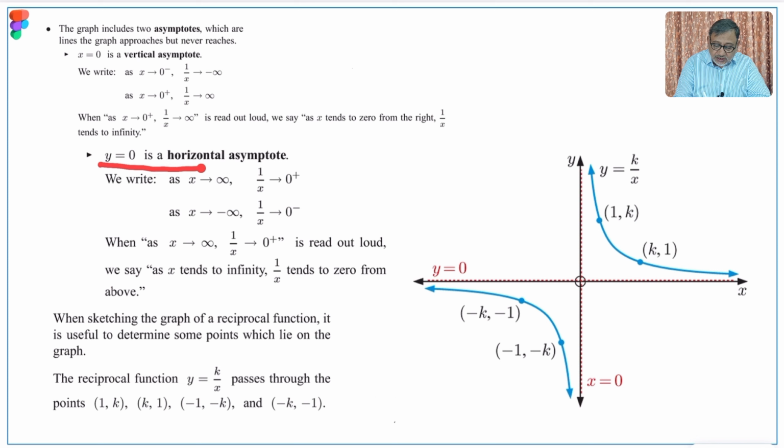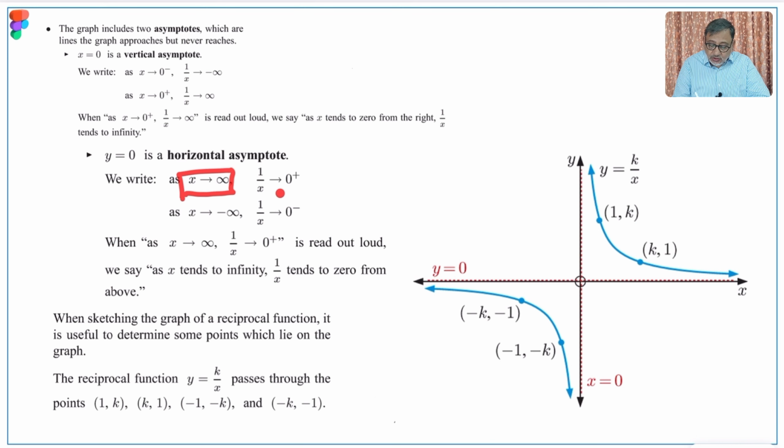Now for the horizontal asymptote, y is equal to 0. For the horizontal asymptote you have to check what happens when x tends to infinity and x tends to negative infinity.